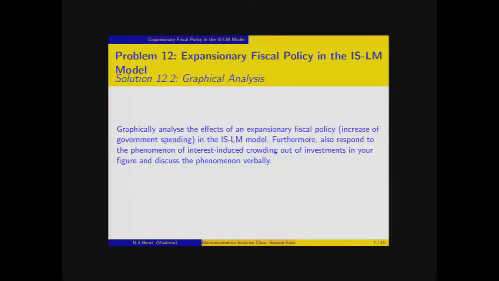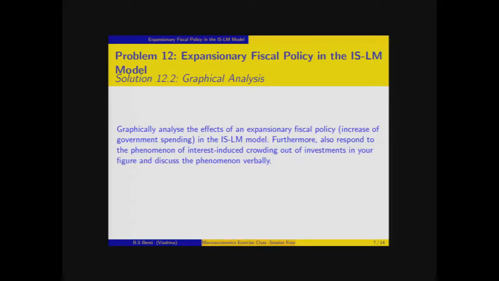The second part of this exercise is to graphically analyze the effect of an expansionary fiscal policy, which is represented in this case by increasing government expenditure, or it can also be represented by a decrease in tax in the IS-LM model.